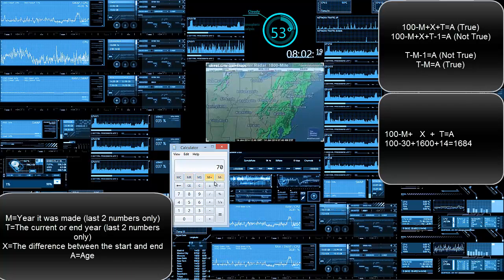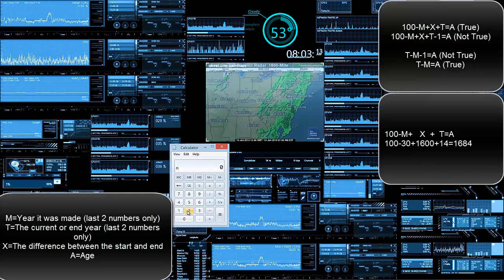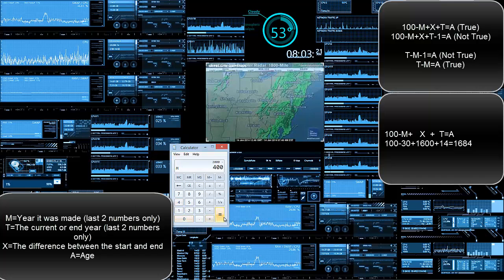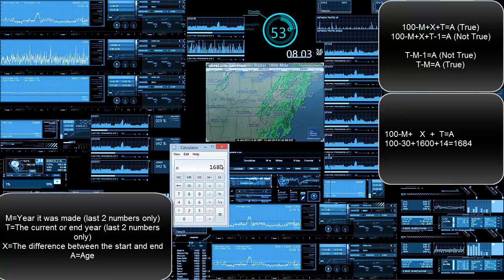Now we need to remember that, so just set the calculator to remember. And then since it's 2014, what we need to do is 2000 minus 400, which gives us that. Add that on to 14, and that's the age of something from year 330. Simple enough.